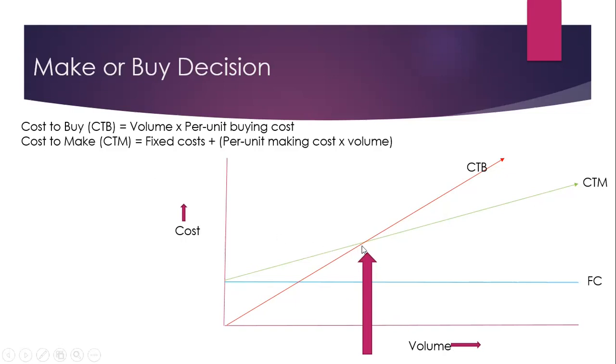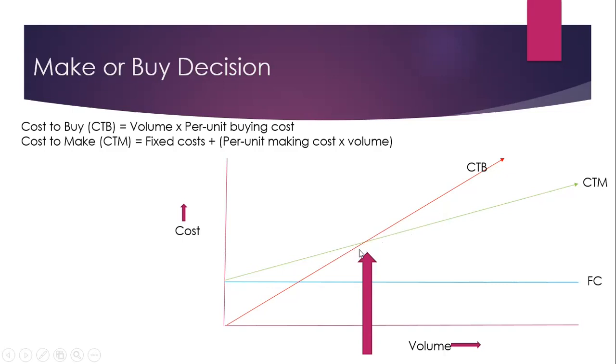So after this point, the cost to buy is more. And before this volume, the cost to manufacture is high.